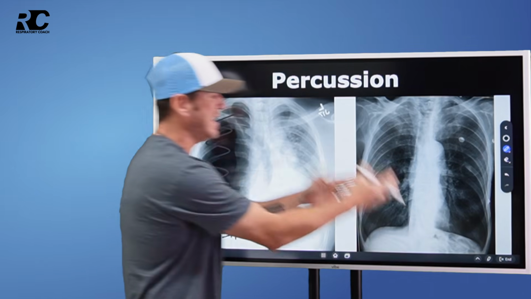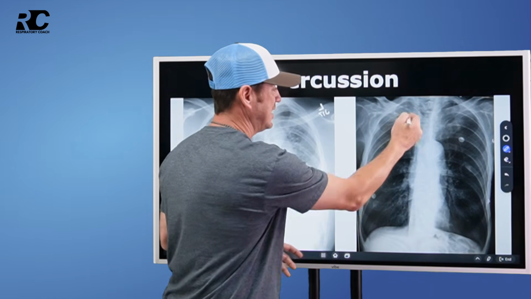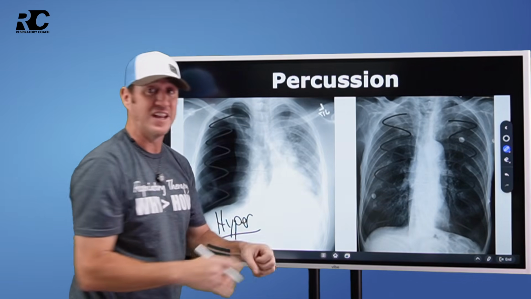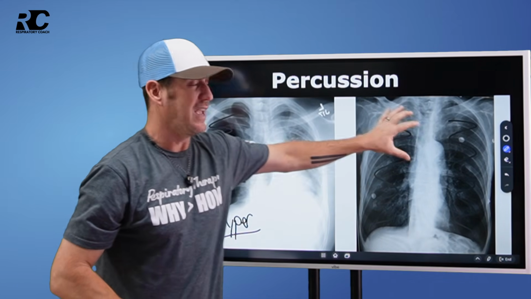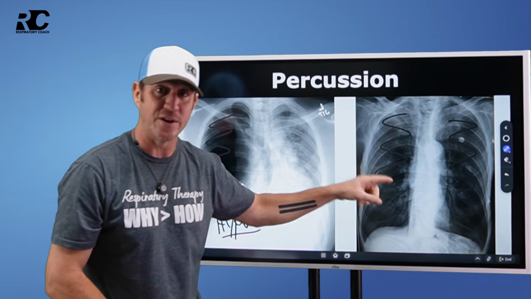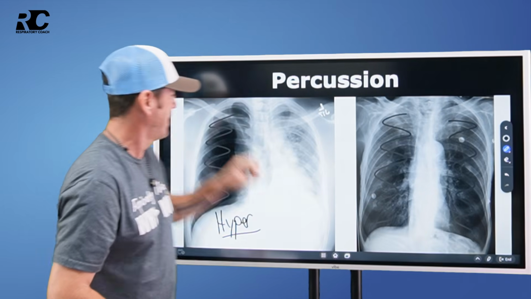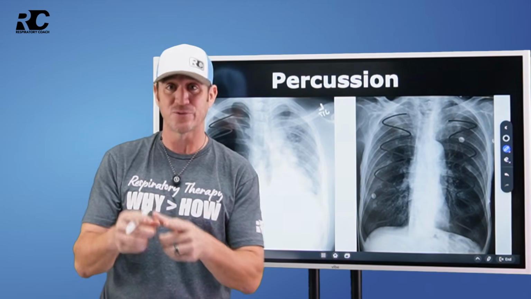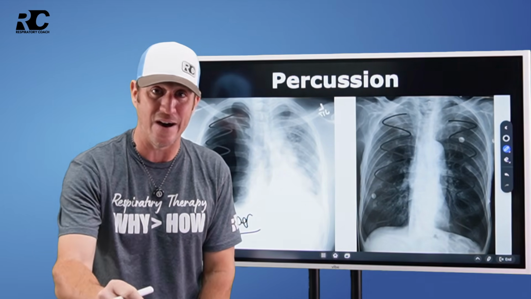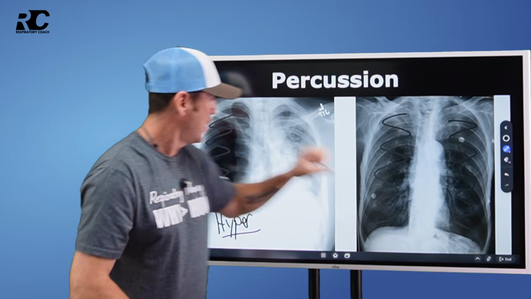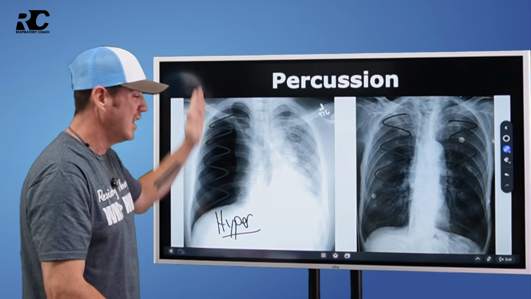Now, when we look over here, we see big lungs, hyper-resonance, and overinflation in both lungs. This is emphysema. This will also yield a hyper-resonant note, but what's going to be the difference with this one compared to this one? That's right. If you're thinking right now, oh, this one will be bilateral hyper-resonance versus this one that's just going to be unilateral.